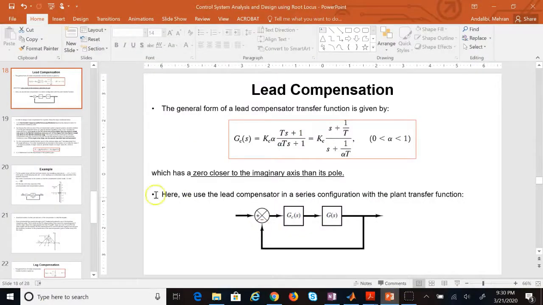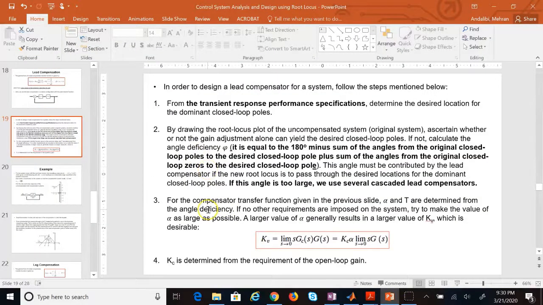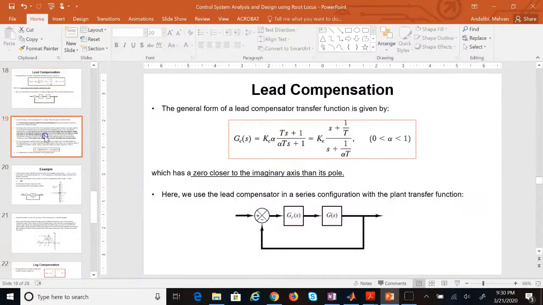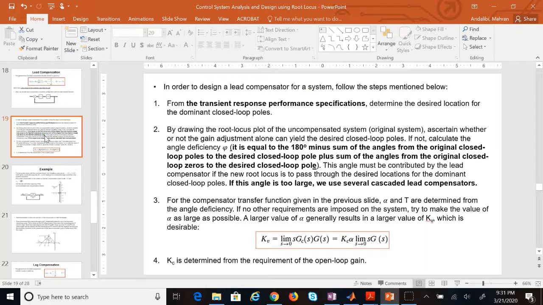Good. So now that I got my alpha and T, the last part is to find the remaining gain Kc. It comes from the requirement of the open loop gain. So if you remember again, at a desired closed loop pole, what should I have?